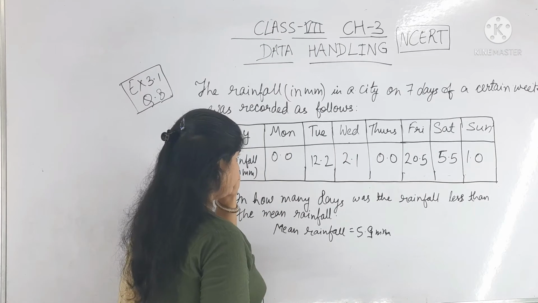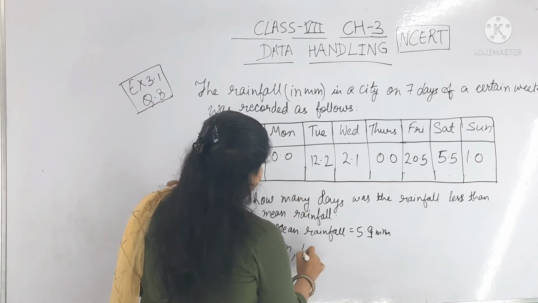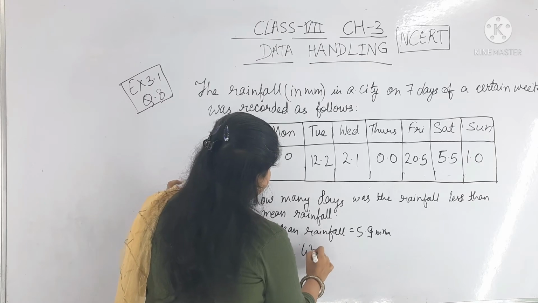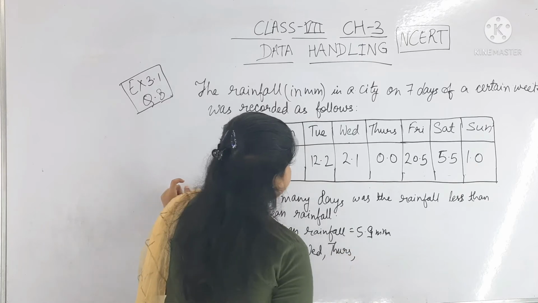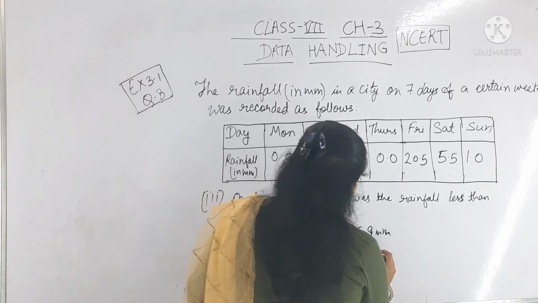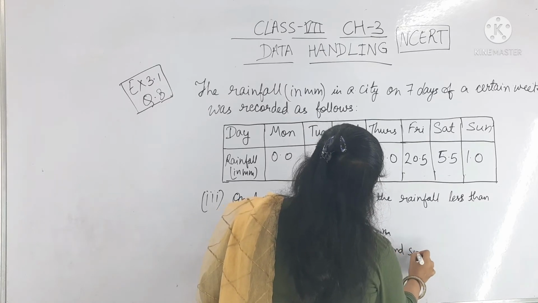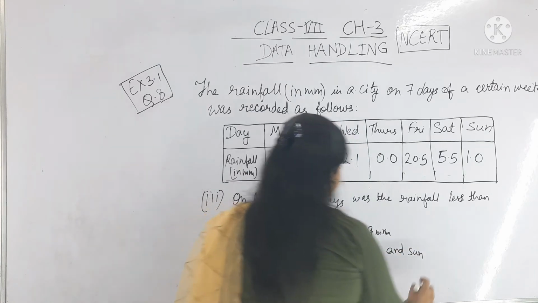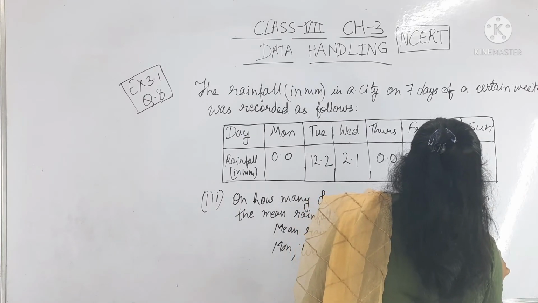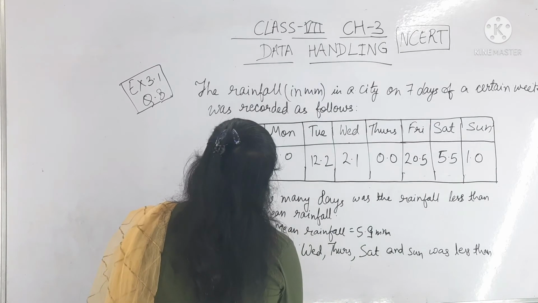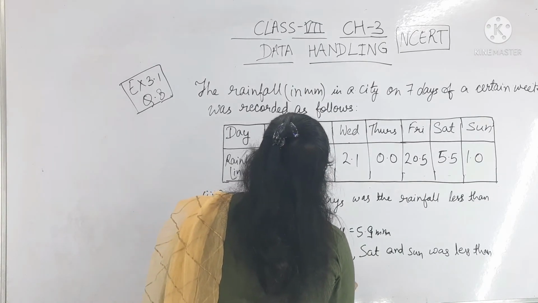So here you can see that Monday, Wednesday, Thursday, Saturday and Sunday was less than the average rainfall.